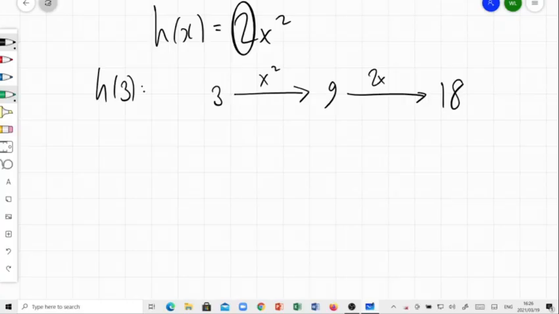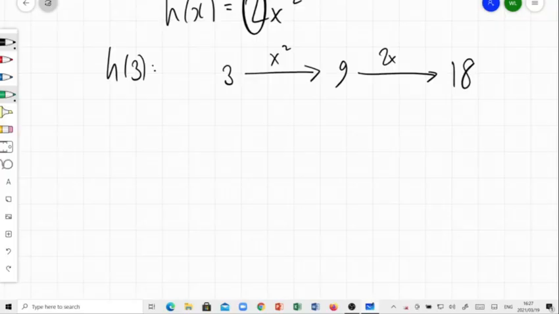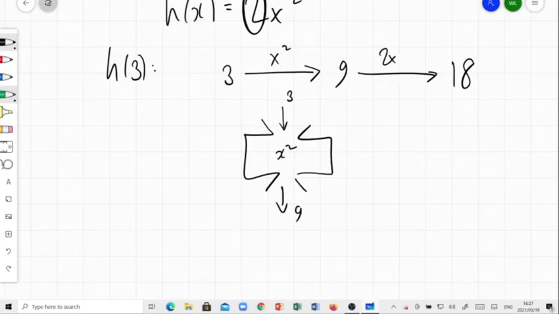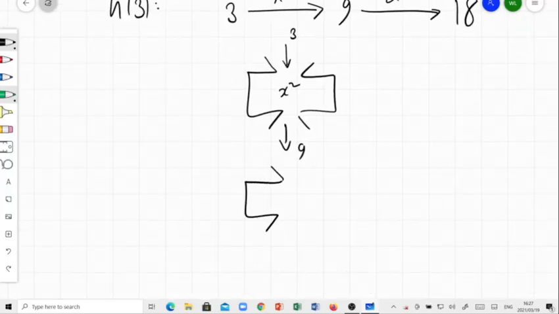In general, what is going on here is that one way of looking at this is that we've got two machines. I feed 3 into the squaring function and out pops 9, and then I feed that straight into my second machine, which is the doubling machine, and then I get 18.